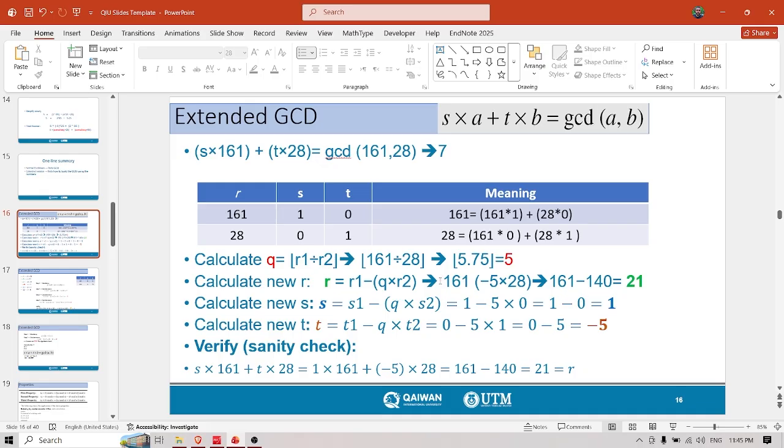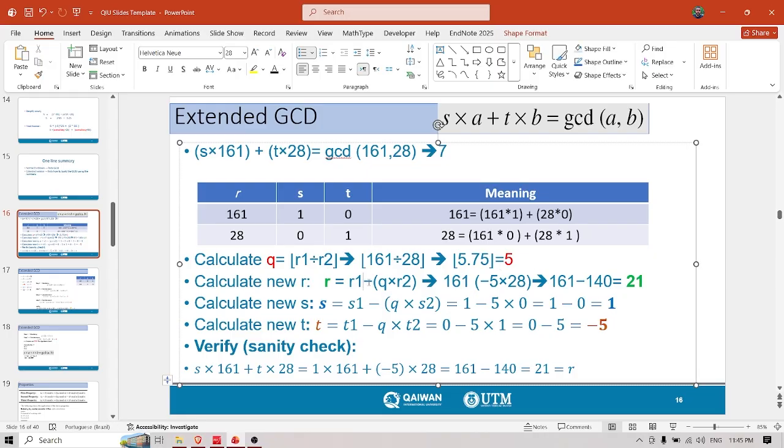Now we would say that 161, which is the R1 in here, minus 5 multiplied by 28 would be equal to 161 minus 140, and it will be equal to 21. You might ask me, well, what is this minus? It is this 5.